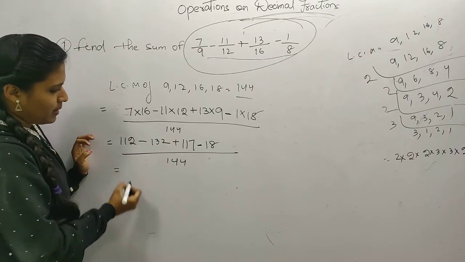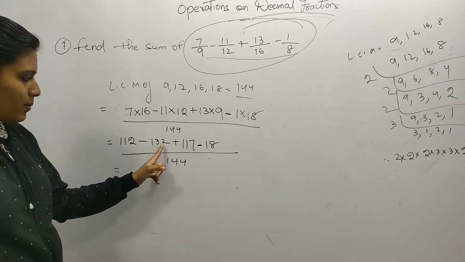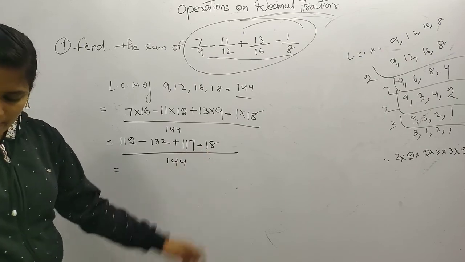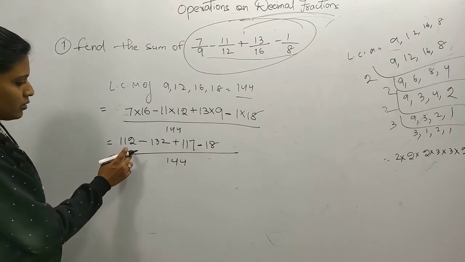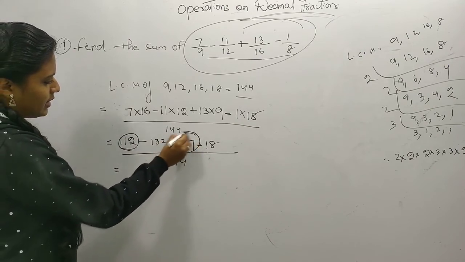Do the problem. 112 minus 132 plus 117 minus 18. What will you do? First solve these two: 112 plus 117.